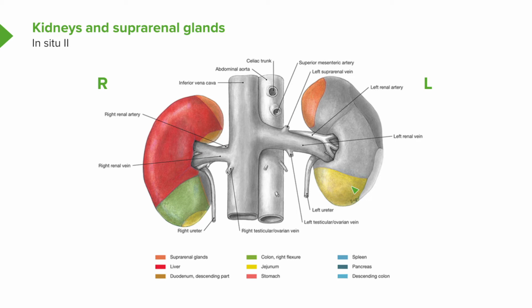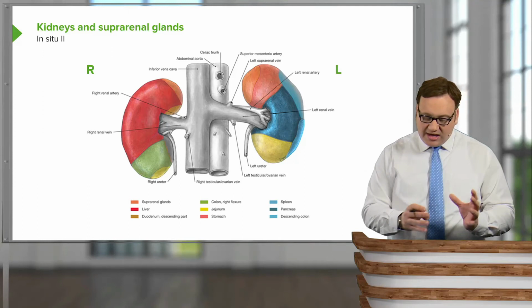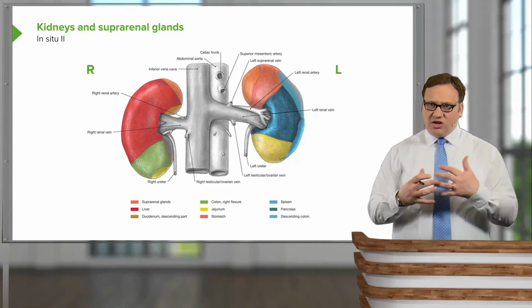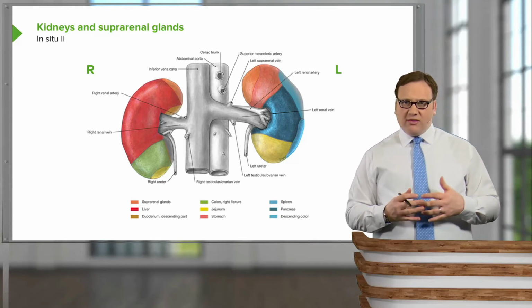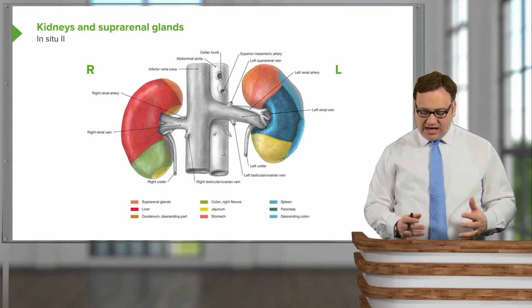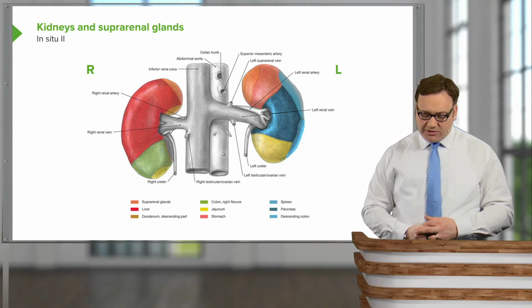And then we can see on this side, on the left, we have the stomach, we have the spleen, and we have the pancreas, and we have the descending part of the colon. So these shadings indicate the relationship the kidneys have sitting on the posterior abdominal wall, the anterior relations they have with those organs. And you can see they're coming into contact with a lot of the organs within the abdomen.